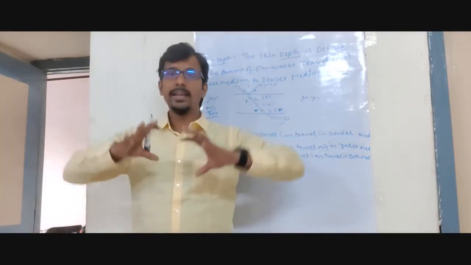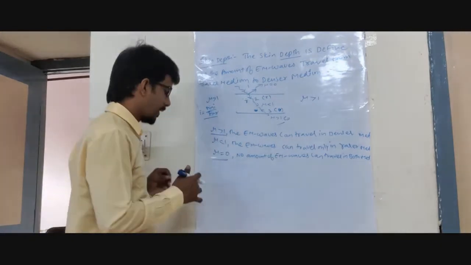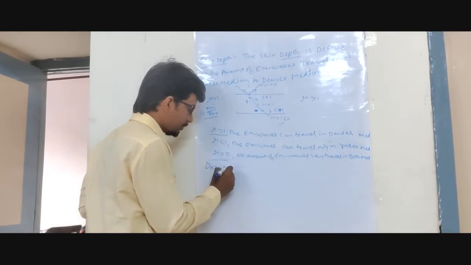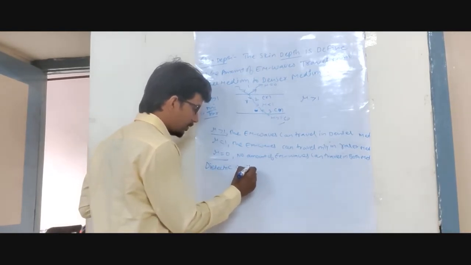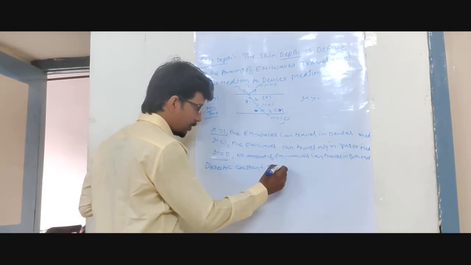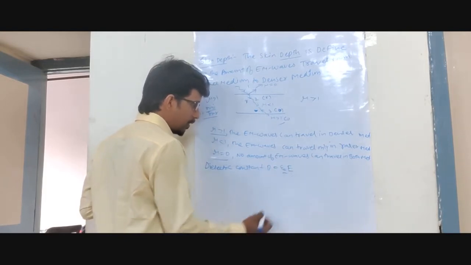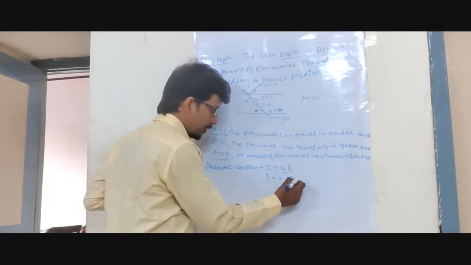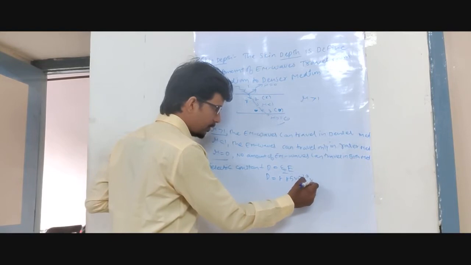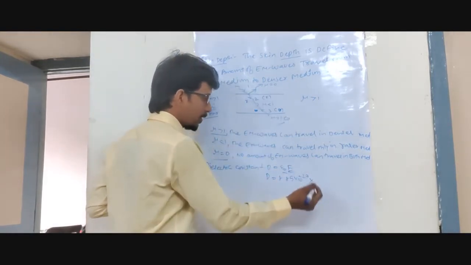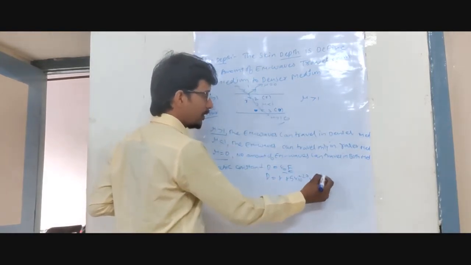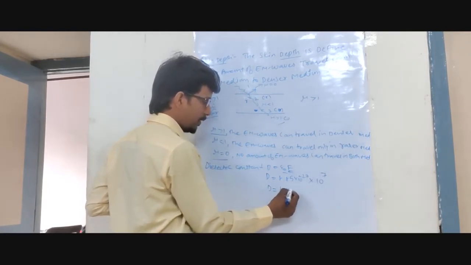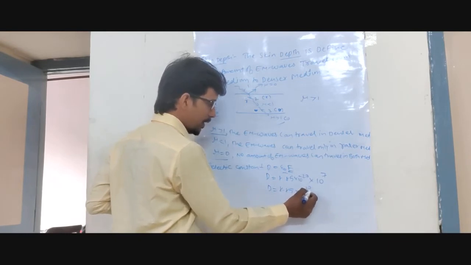The critical angle depends on three conditions. It depends on the dielectric constant. D equals epsilon E. Epsilon is the permittivity of the material, that is, D is equal to 8.85 into 10 power minus 27 into E. Suppose radio waves, with frequency of the order 10 power 7. So D is equal to 8.85 into 10 power minus 27.